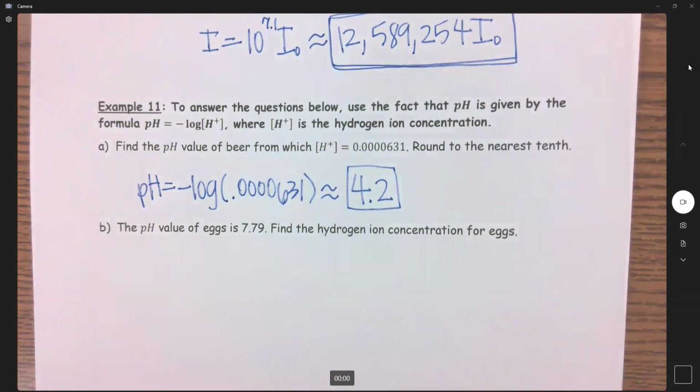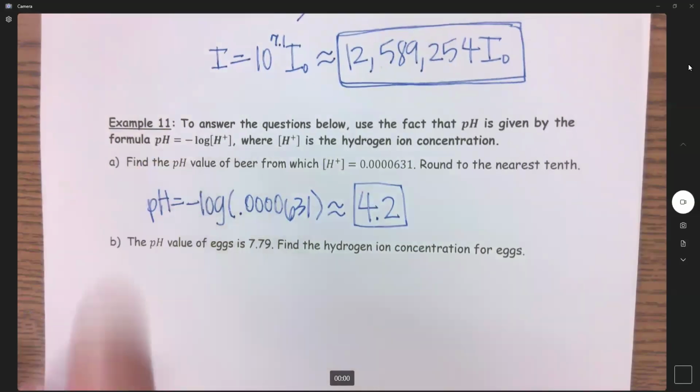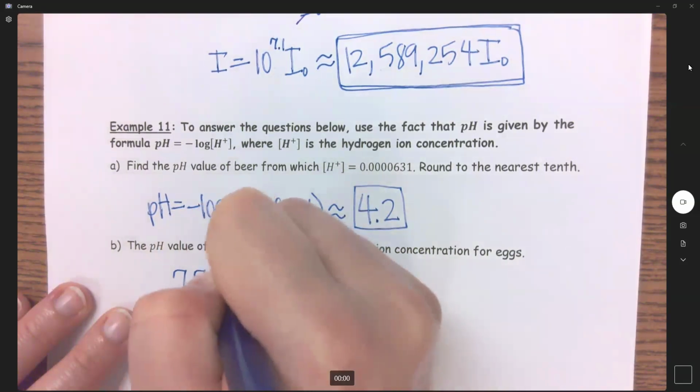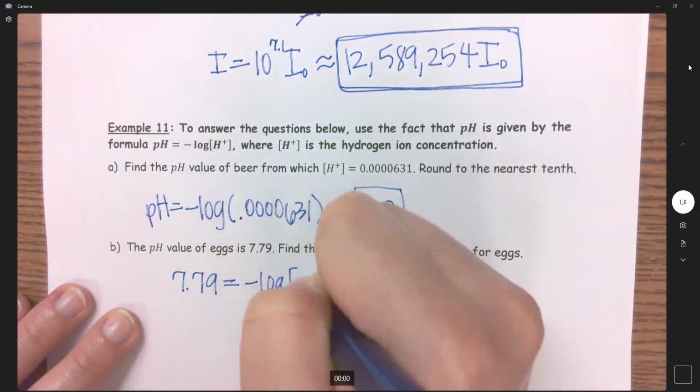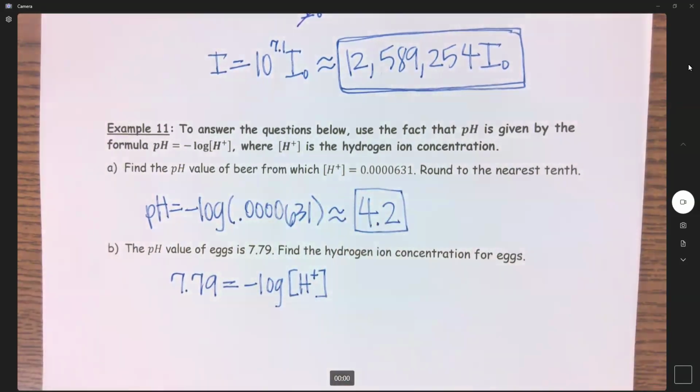Okay, now part B says the pH value of eggs is 7.79. We need to find the hydrogen ion concentration for eggs. So we'll substitute that in for my pH. And now let's solve for this right here.